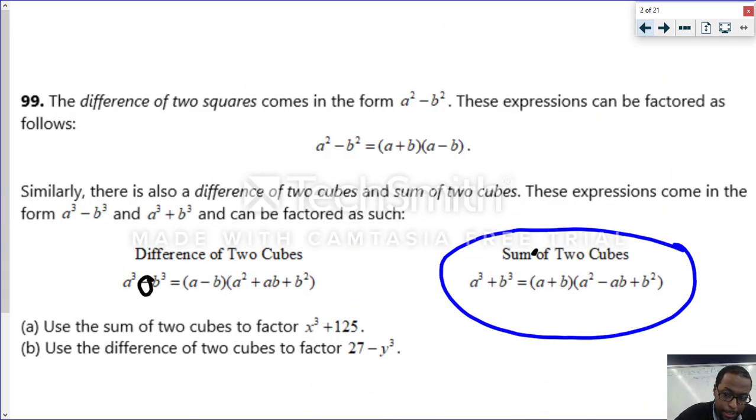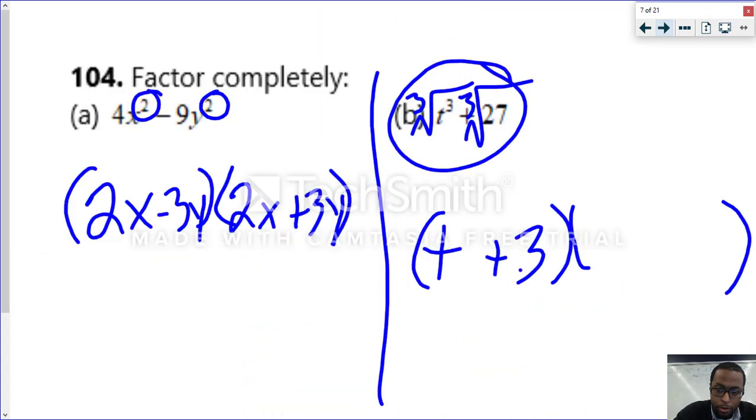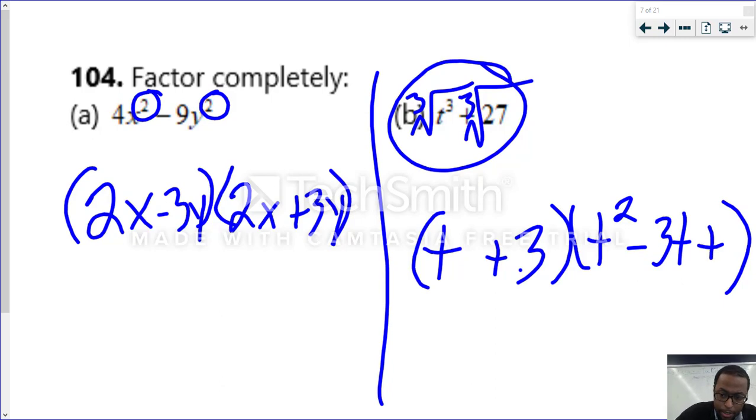So the first one is a plus b, then it's a squared minus ab plus b squared. So a is going to be t squared minus ab, t and 3, which is 3t. And my last one is plus 3 squared is 9. Okay. So again, follow the formulas for each one.